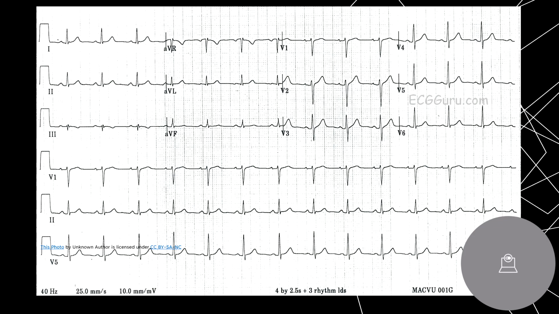Okay? So first thing, we'll go to V1 and V2. Here's my T wave right here. So you can look at this and go, here, let me highlight just so you can see. I'm going to highlight this guy. That's your T wave.